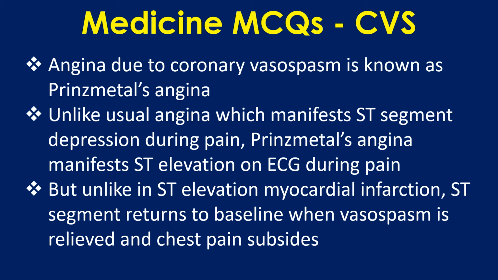Unlike usual angina, which manifests ST segment depression during pain, Prinzmetal's angina manifests ST elevation on ECG during pain. But unlike in ST elevation myocardial infarction, ST segment returns to baseline when vasospasm is relieved and chest pain subsides.